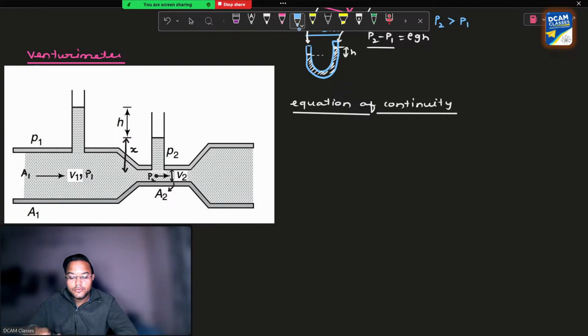Give me both of the equations. Equation of continuity and Bernoulli's theorem also.